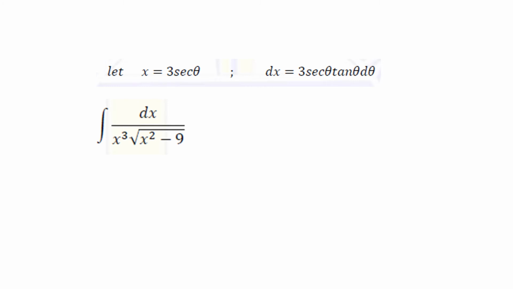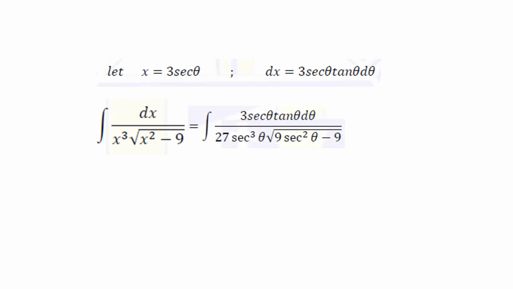If we substitute the corresponding values into the integral, we get the integral of 3 secant theta tangent theta d theta divided by 27 secant cubed theta times the square root of 9 secant squared theta minus 9.